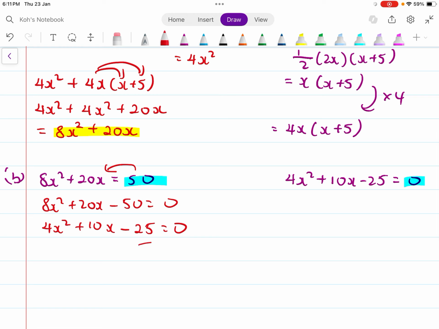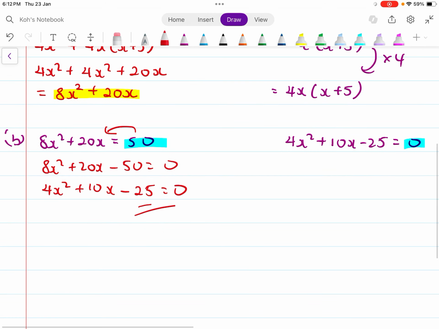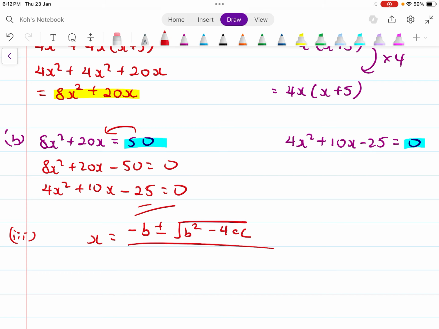As long as you are able to show and reduce the expression that is given, you'll be given the credit. Okay, part 3. You are asked to solve the equation. To keep things simple, you can factorize, but sometimes you might not be able to factorize. So what we can do is use the formula: x equals negative b plus minus square root of b squared minus 4ac, over 2a.